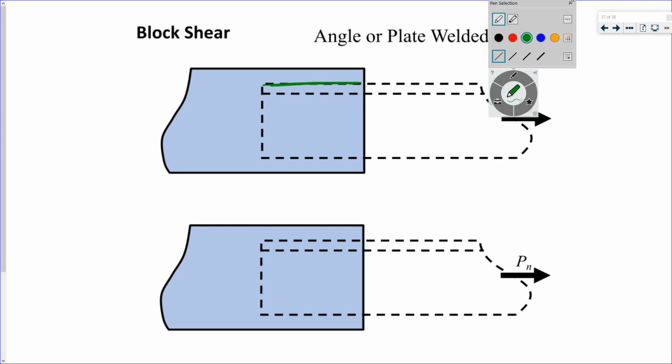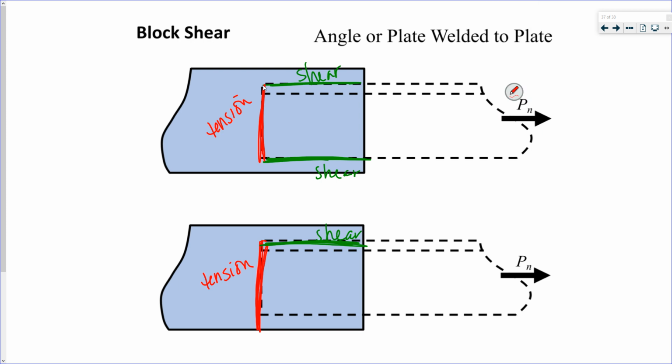One is if this little portion, this little rectangle block shears, or if actually just that whole rectangle, this whole corner kind of pops off.